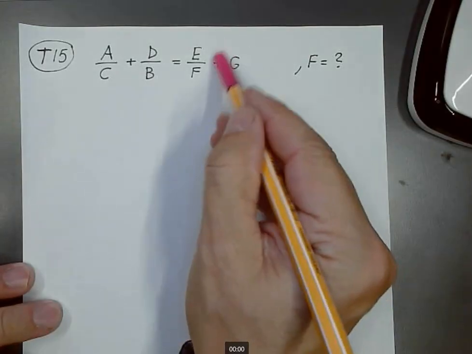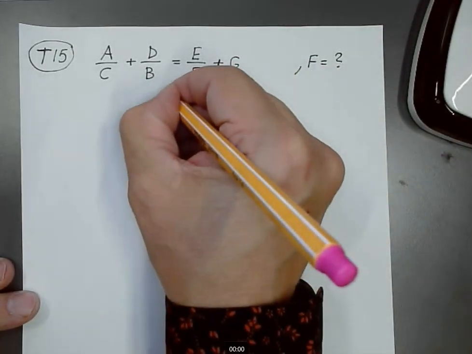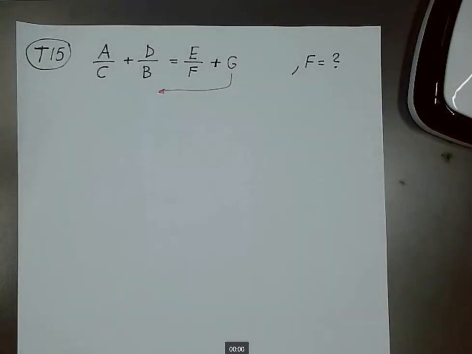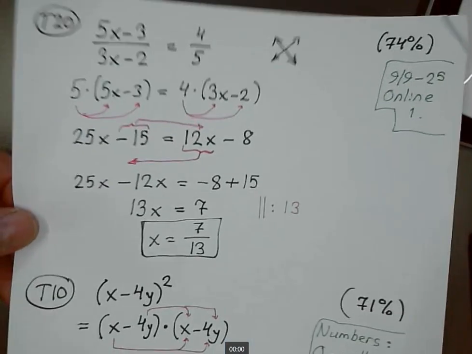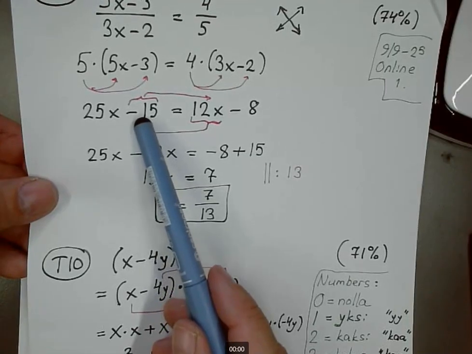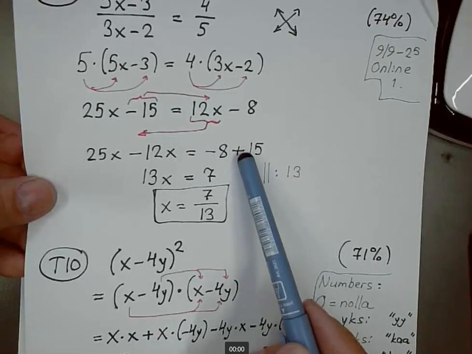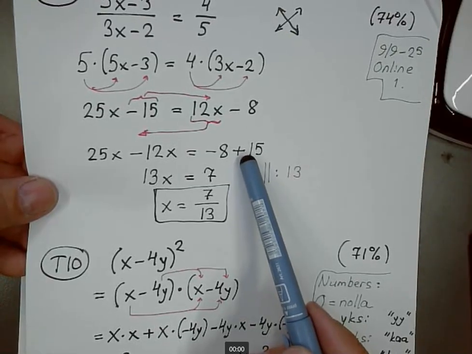So now we have only this G here, so I will move it to the left hand side. The same holds here as in number equations. When we moved minus 15 to the other side of the equation, the sign was changed.